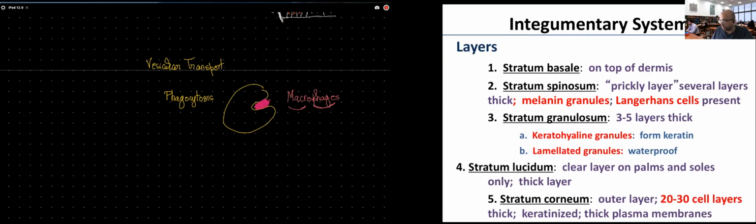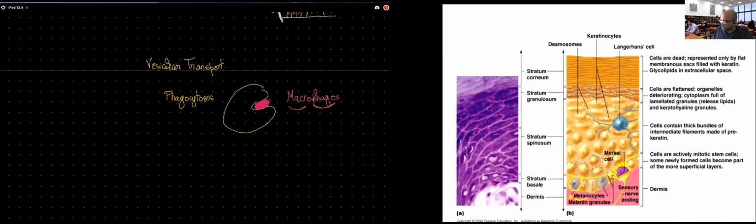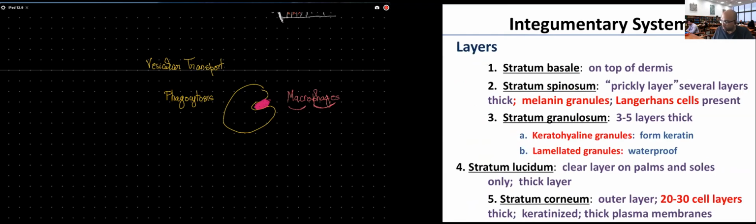So if we're looking again here, we've got stratum basal, stratum spinosum, and stratum granulosum. To the outside of the stratum granulosum, in all the skin parts, we've got the stratum corneum. And the stratum corneum is formed of 20 to 30 layers of keratinized thick plasma membrane.